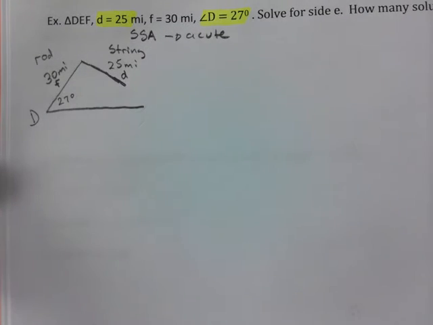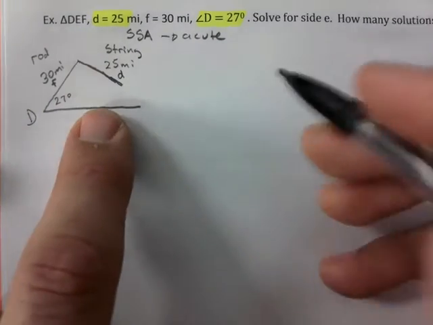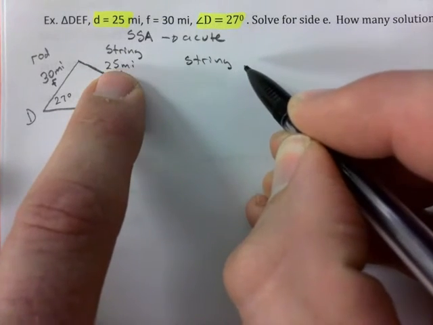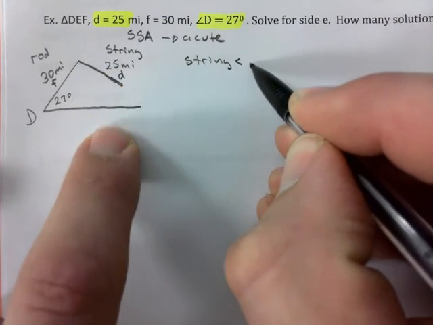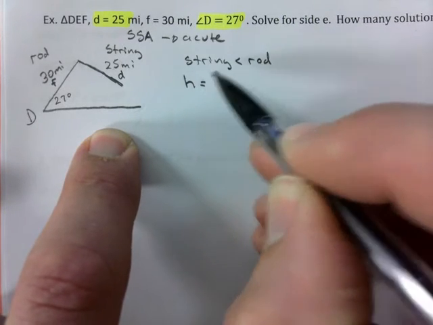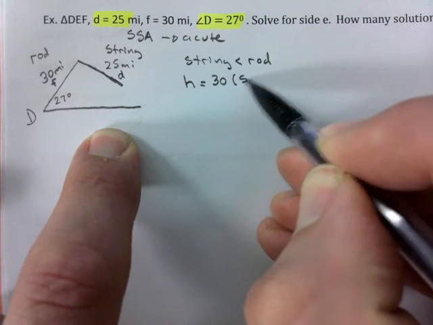For now, I'm not writing it in because I'm not sure if I will be able to close this thing. So we determine that the measurement of the string is less than the rod, right? So I have to find the height. And so that's 30 times sine of 27.